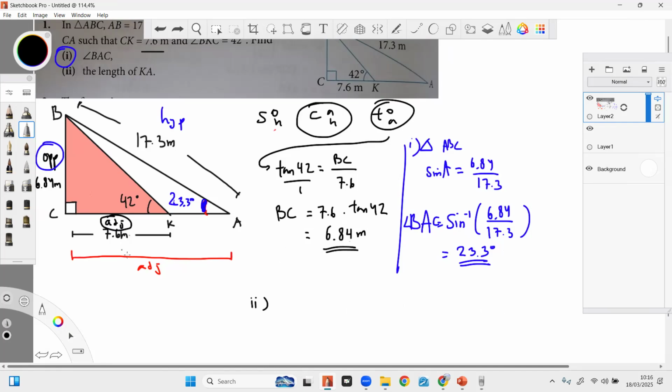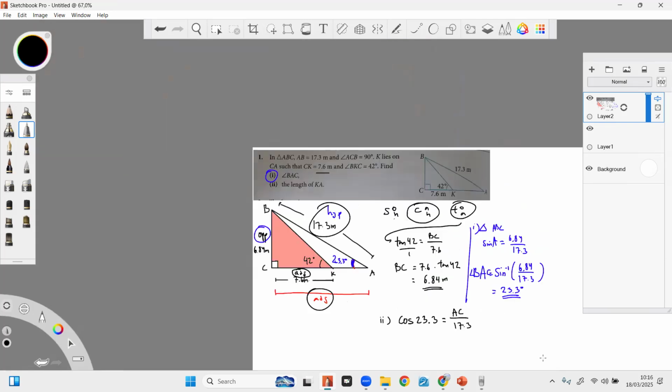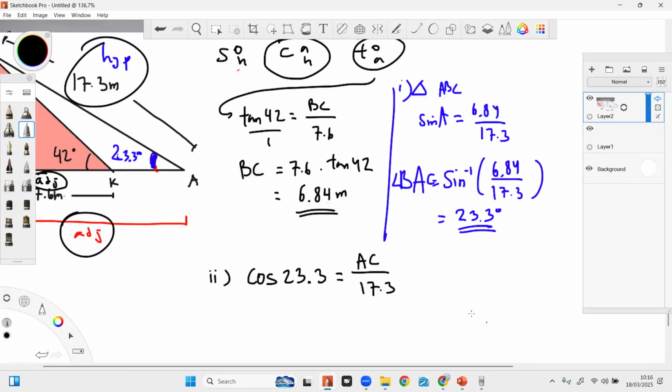Okay, good. We have the adjacent, we have the hypotenuse, so cos. Cos 23.3 equals the adjacent, which is AC, over 17.3. Cross multiply, so 17.3 times cos 23.3 equals AC.